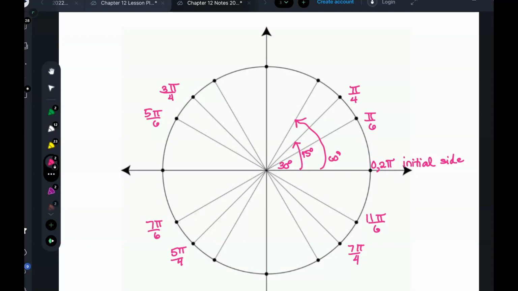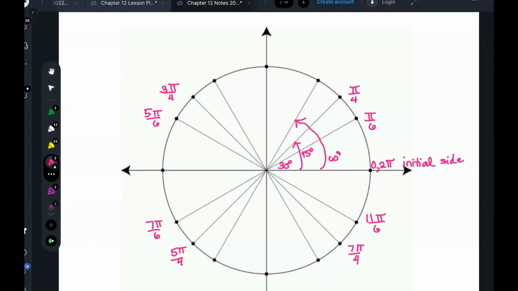And the 30 with pi over 6 and the 60 with pi over 3 are swapped. So this one up top here is pi over 3, 2 pi over 3. Sorry, my pen stopped working. Give me a sec. So yeah, pi over 3, 2 pi over 3, 4 pi over 3, 5 pi over 3.